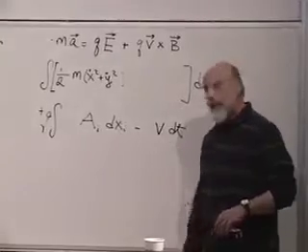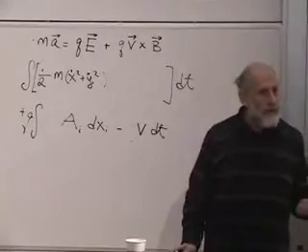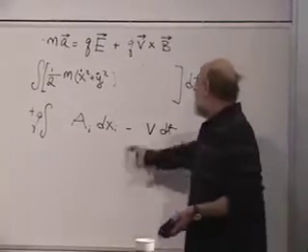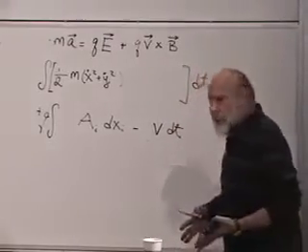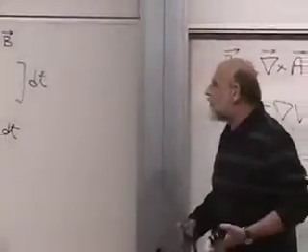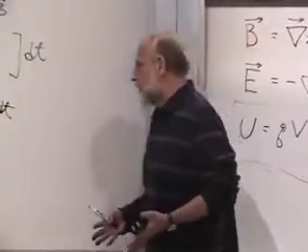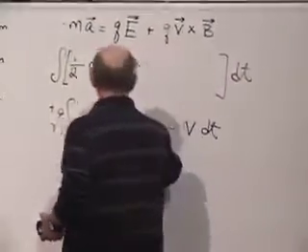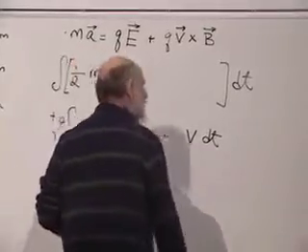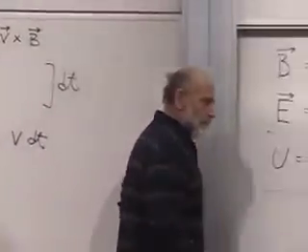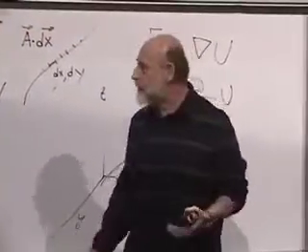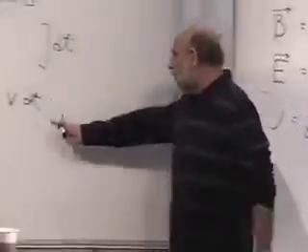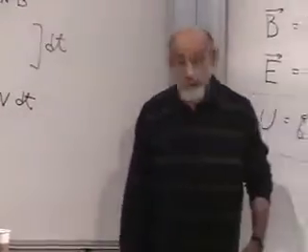This a dx looks a little bit unfamiliar. Up till now, our action has involved the integral of a Lagrangian, and a Lagrangian is a function of velocities and positions. A is a function of position. A is a vector field in space. It depends on position. All three components of it depend on position. V also depends on position in general.